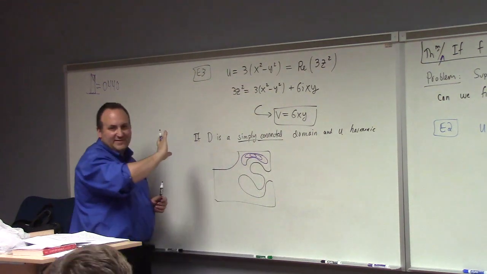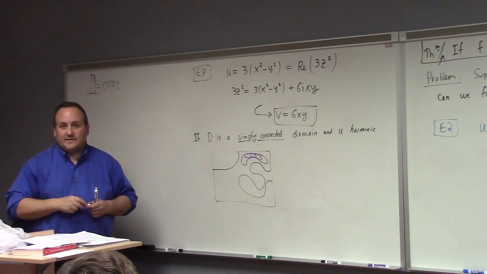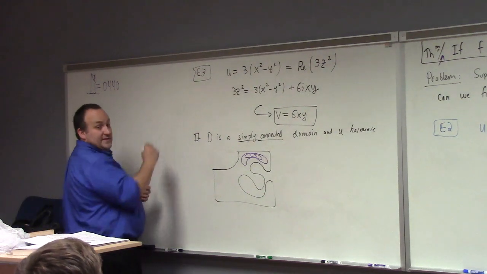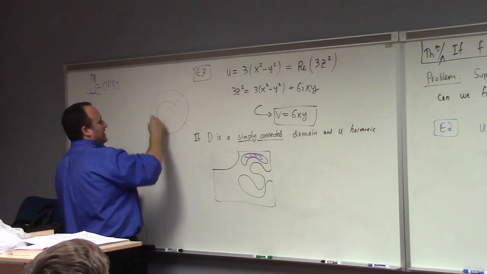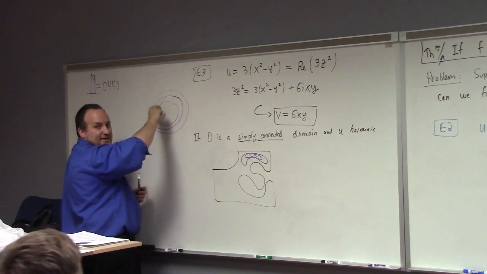I never get stuck on anything outside the space. What's not simply connected? A washer? Very good. A washer is not simply connected, because if I take this loop and try to deform it, I get stuck on the inner washer.